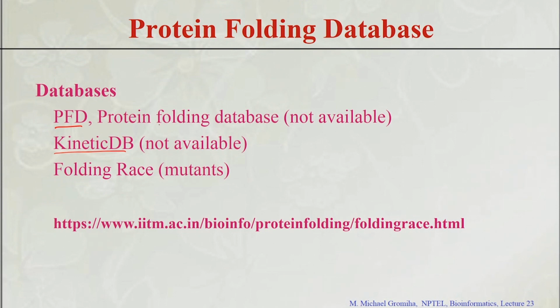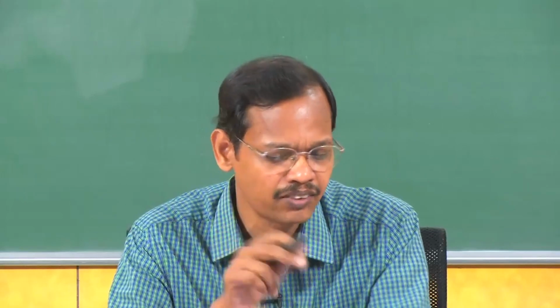For the folding database they established a collaboration among different experimentalists. They assigned different proteins to different experimentalists to get the data at the same conditions, and then they compiled all the data and developed this database.